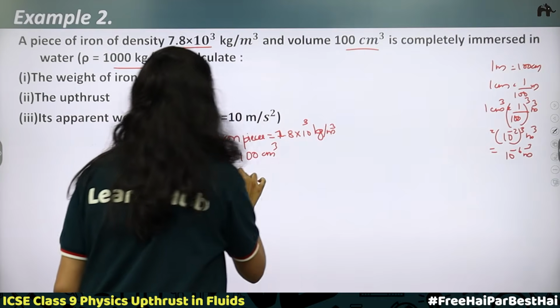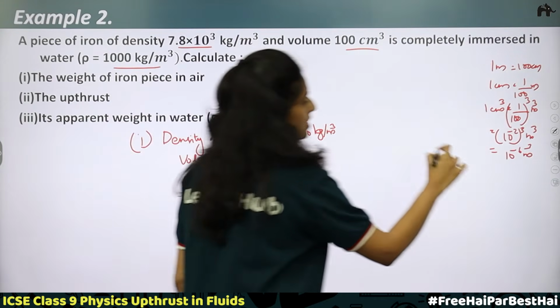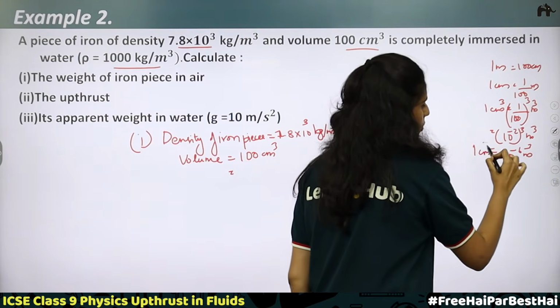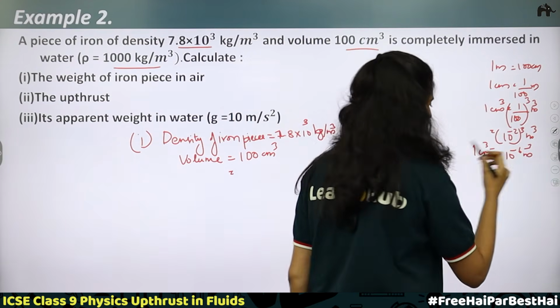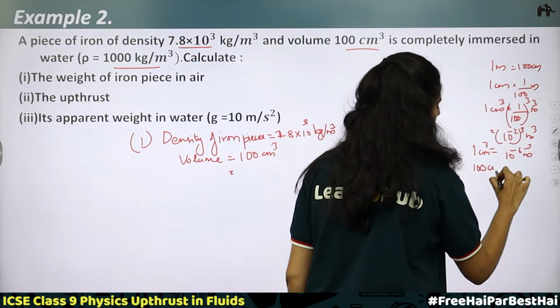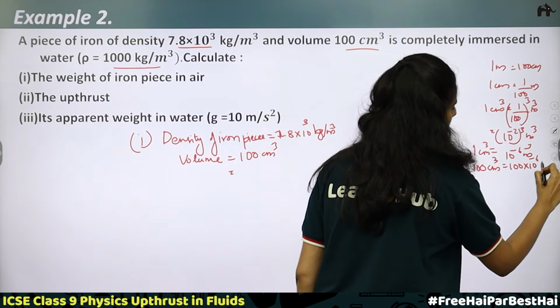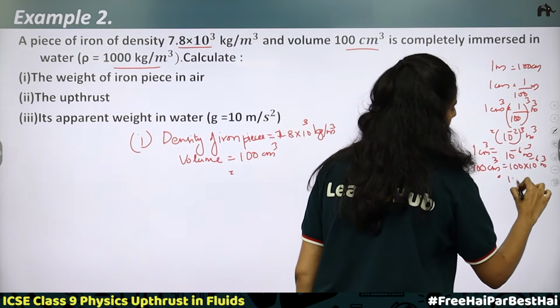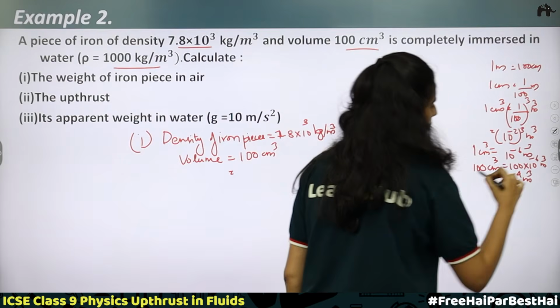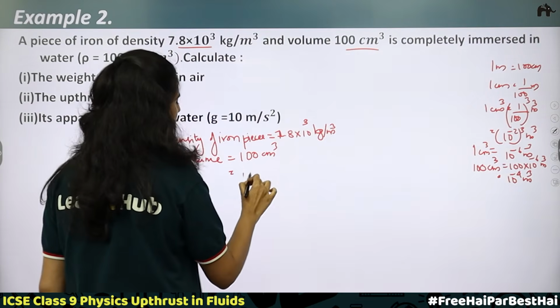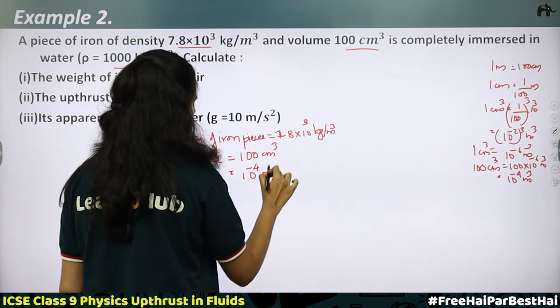So if 1 centimeter cube is equal to 10 raised to minus 6 meter cube, then 100 centimeter cube will be equal to 100 into 10 raised to minus 6 meter cube, that is 10 raised to minus 4 meter cube.